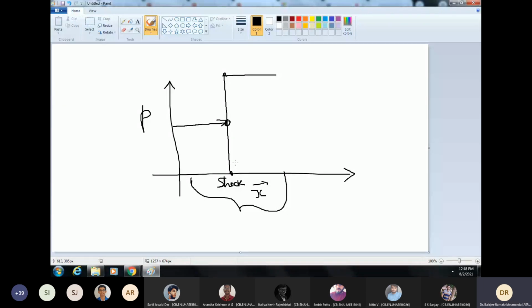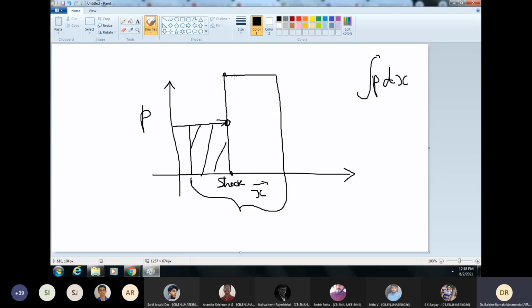But if you want to use the integral form, say of some function like pressure, the integral of p dx along the same interval is just the area under the curve.